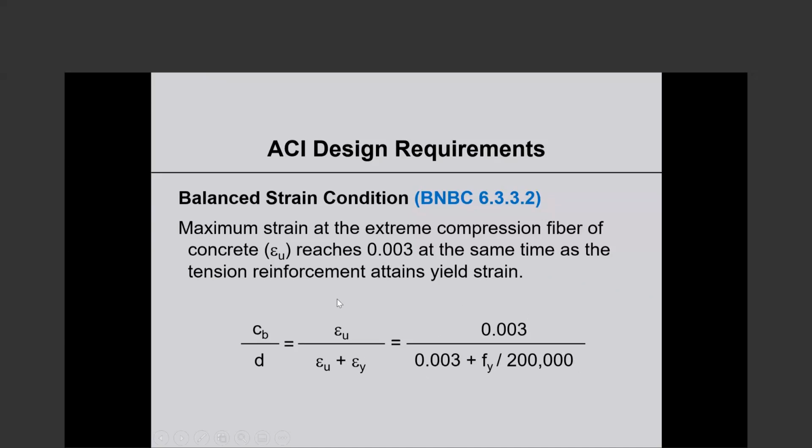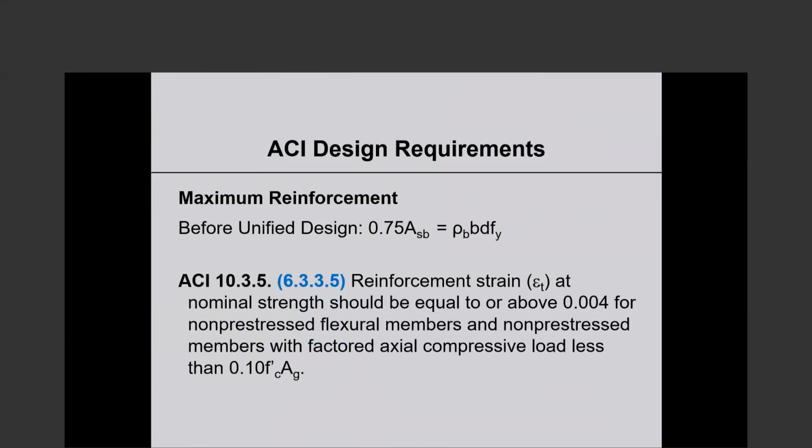This is plain straight line strain distribution. Okay, we have 0.003 at the extreme compression fiber. We have yield strain in the tension reinforcement, and that gives us the ability to calculate C sub B.